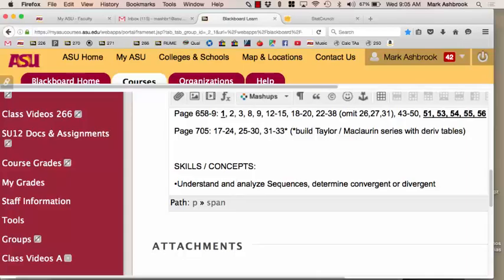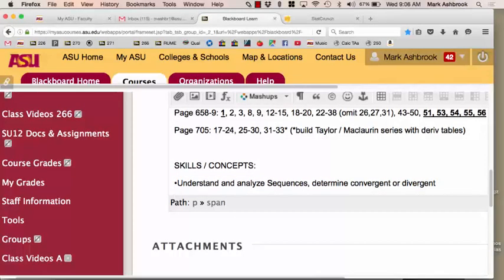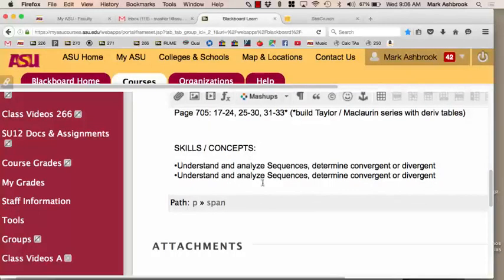Determine if they're convergent or divergent. Okay? Understand and analyze non-alternating series. Okay? Determine if those are convergent or divergent.